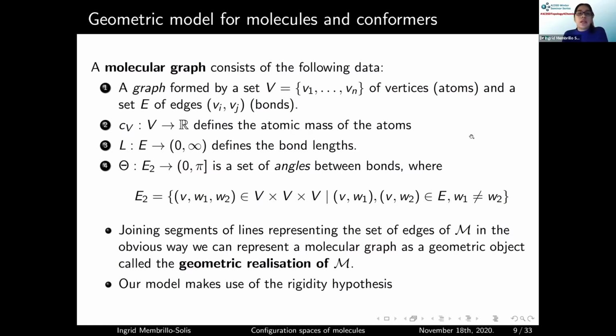For instance, in organic molecules, the variation of bond lengths might be very small, and similarly for the angles between bonds. So we are using this rigidity hypothesis in our construction.